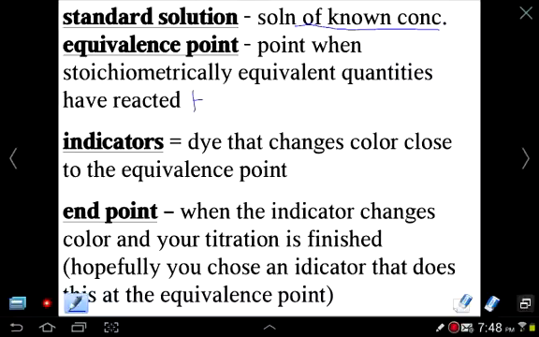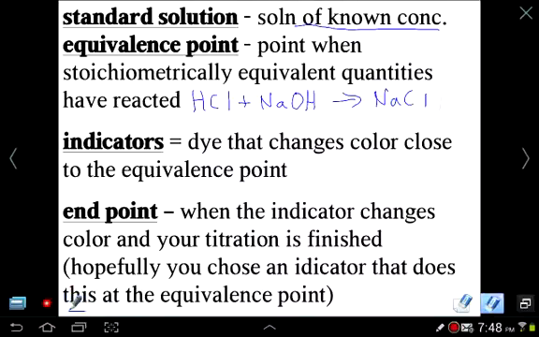So if hydrochloric acid were to be reacted with sodium hydroxide to produce salt and water, we know from the balanced equation that the stoichiometry is a 1-to-1 stoichiometry. So we stop whenever 1 mole or an amount of acid exactly has been neutralized by that amount of base.